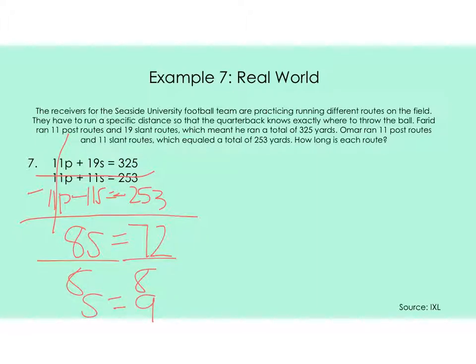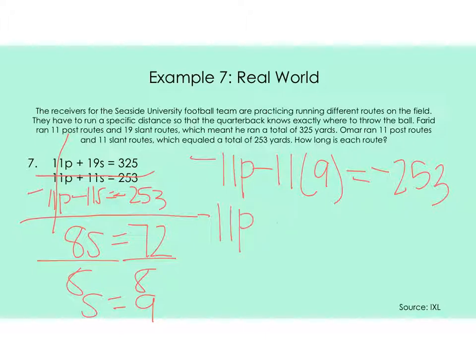So the final step in solving this equation is to plug in your s back into the equation to find the value of the p variable. So if you were to plug your variable back into the second equation, you would do negative 11p minus 11 times 9, which is your s, equals negative 253. So now you have negative 11p minus 99 equals negative 253.